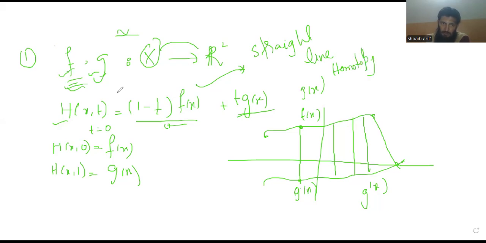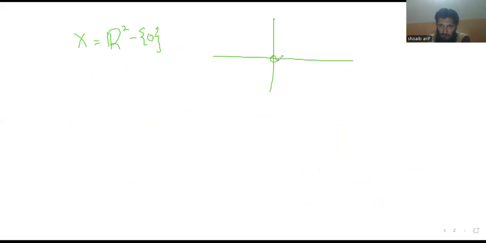So we are going to the next example. Let X denote the punctured plane R2 minus 0. There is a diagram of R2 minus 0 where there is no place for the origin.